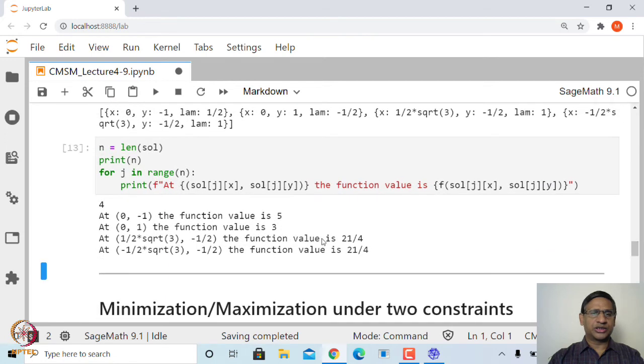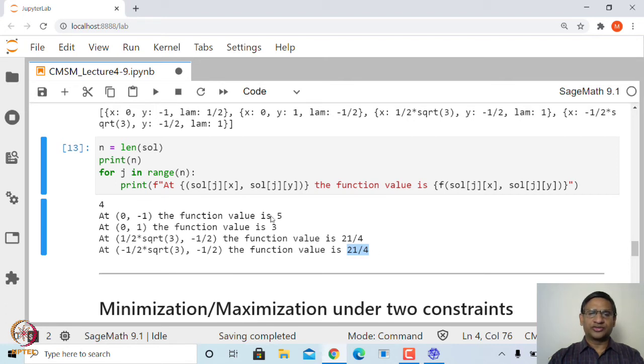So, first this is the number of solutions, and at 0 minus 1 the function value is 5, at 0 1 the function value is 3, at half square root 3 comma minus half the function value is 21 by 4, which is 5.24, and at this point also the function value is 5.24.